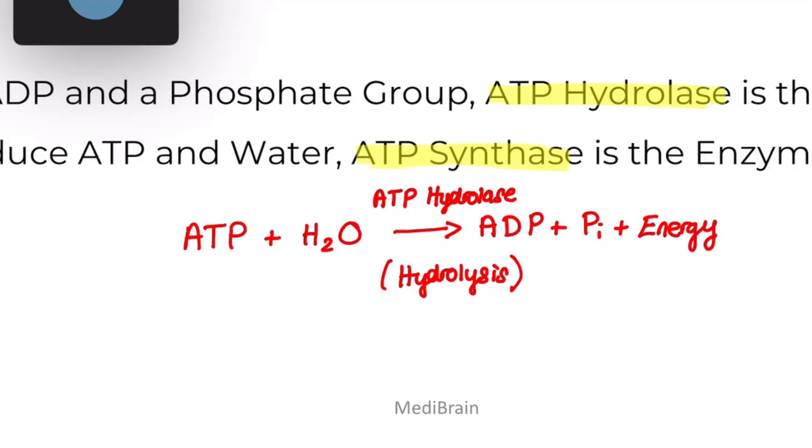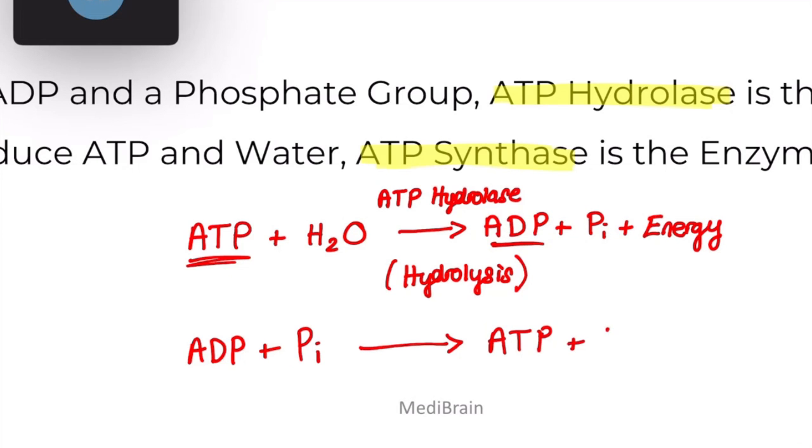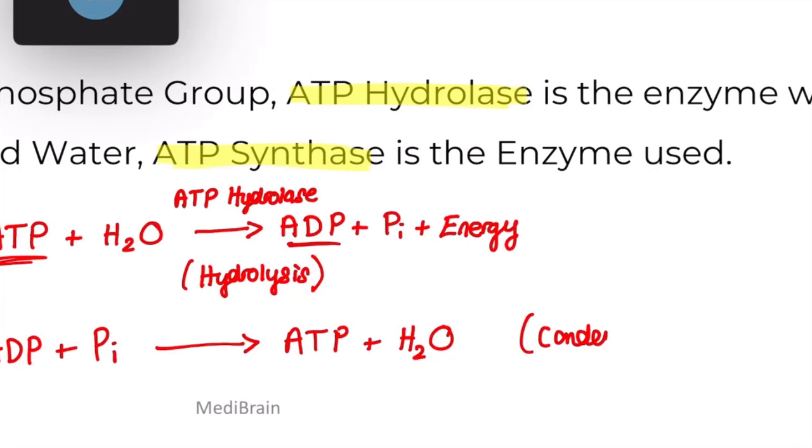Now, if we were going the other way around, for example, we don't need the ATP, we have ADP, we can convert it back into ATP if we have an extra storage as well. We would react ADP with our inorganic phosphate, and that would produce our ATP and water. And if we're producing water in the process, this is a condensation reaction.